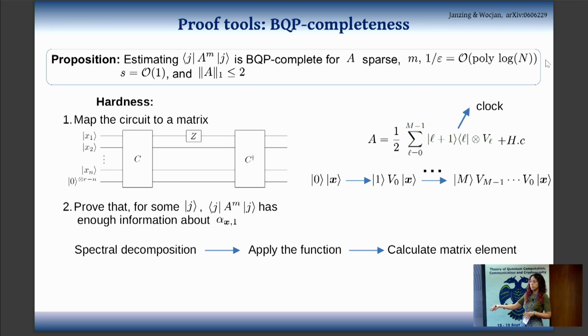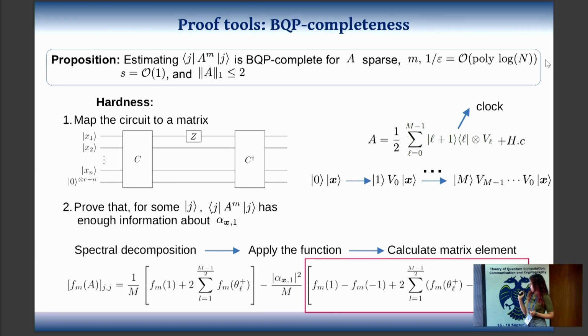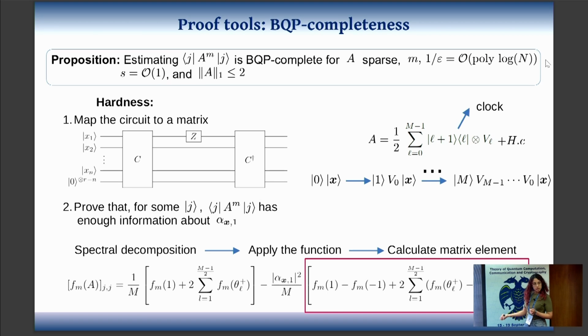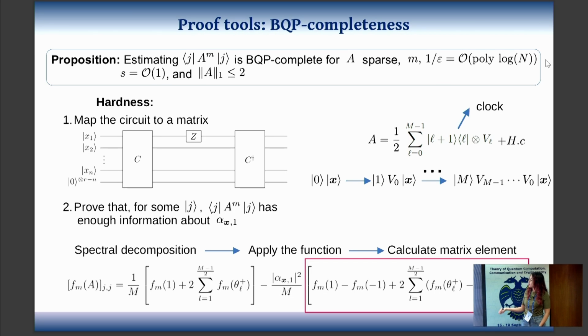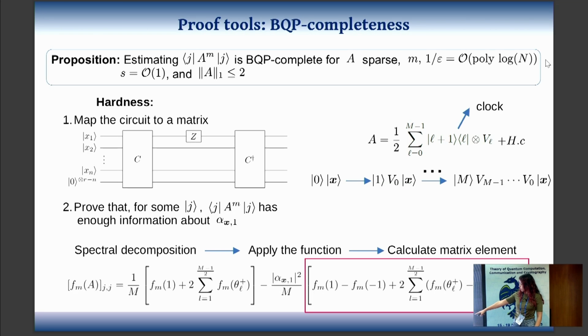Now we can simply do the spectral decomposition of this matrix, apply the function to it, and calculate the matrix element we are interested in. And actually we can do this for an arbitrary function. Once we have the spectral decomposition of our matrix, we can simply apply any function to it, and we see that the matrix element contains information on alpha x1.